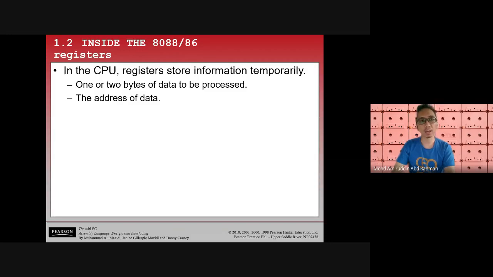And then we look at the registers. As we learned before, the register is used to temporarily store the information fetched from the memory before it is processed and executed by the microprocessor.